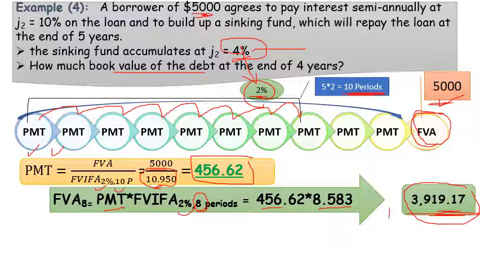So the borrower has accumulated a value of his deposits of 3,919, but the principal, or the original value of the loan, is 5,000.